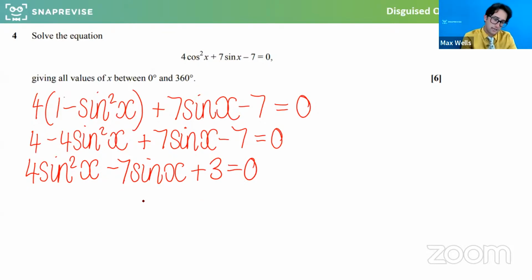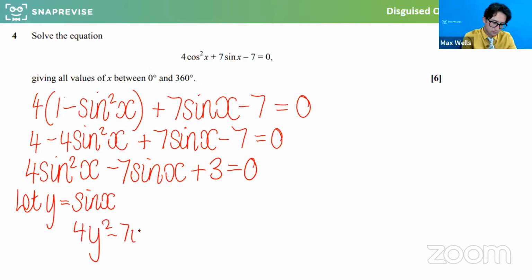And then I'm going to let y equal sine x, and again, that will factorize.